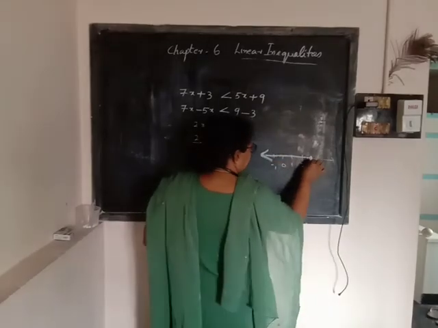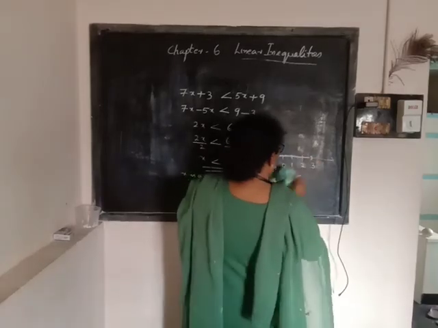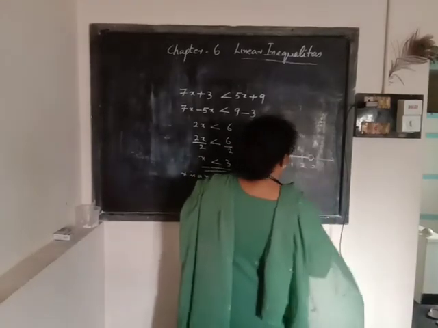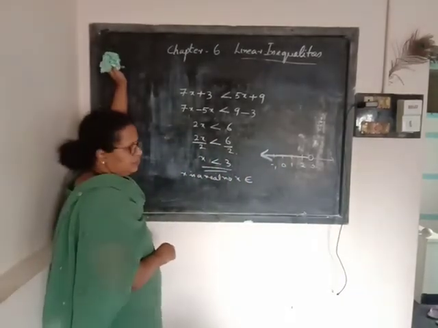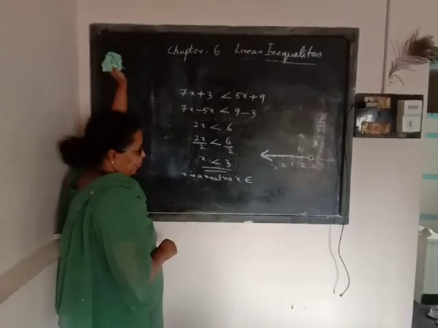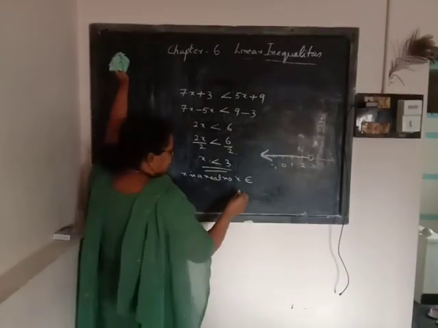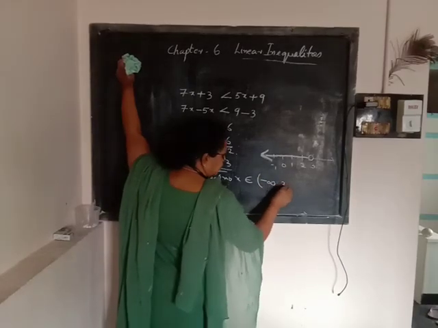No, 3 is excluded. So 3 is an open circle, and this part is darkened. X is strictly less than 3. X is an element of the open interval negative infinity to 3.